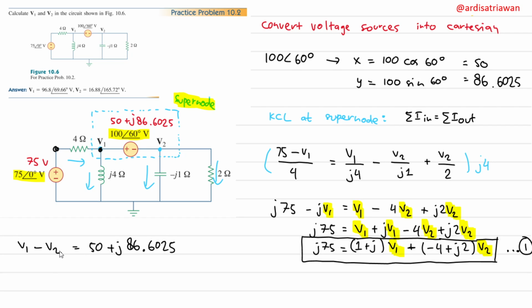So from here we have two equations with two variables. Let's name this equation number 2, and our V1 and V2 are our variables.